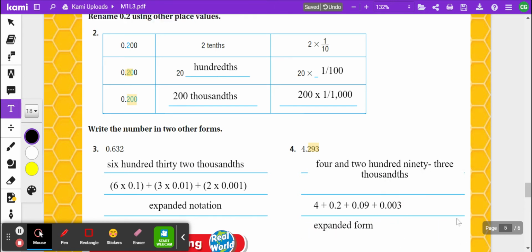That way you can see the difference. All right, so that's 2 different ways of doing it.